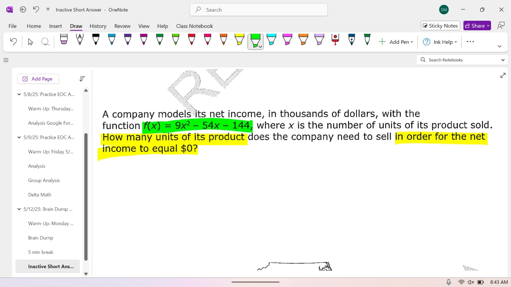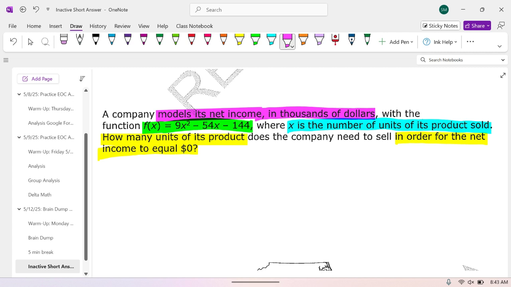So what's something else from this problem, Ben, do I need? All right, let's go with James. Right, X is the number of units of its product sold. All right. And then I would also include models its net income in thousands of dollars. All right.